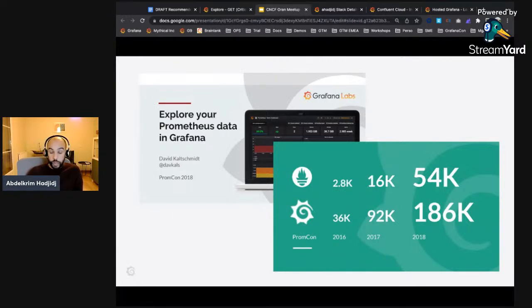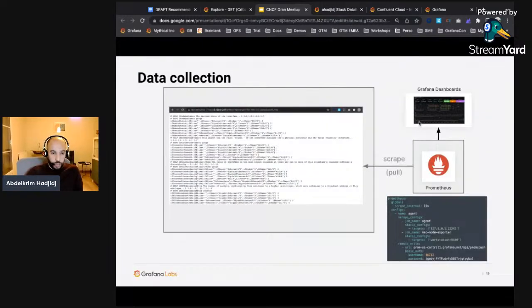So today, if you deploy any Kubernetes, whether it's vanilla or managed by a cloud provider like GKE or AKS, by default, Prometheus is the standard tool to monitor the Kubernetes cluster, but also all the workloads that are running inside it.